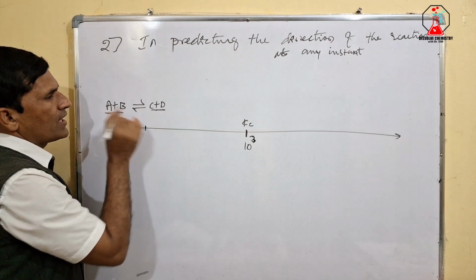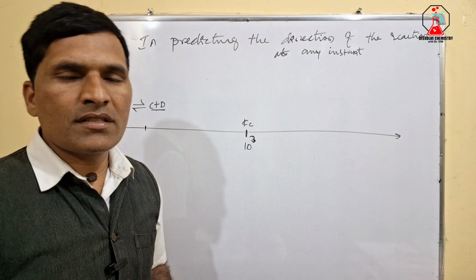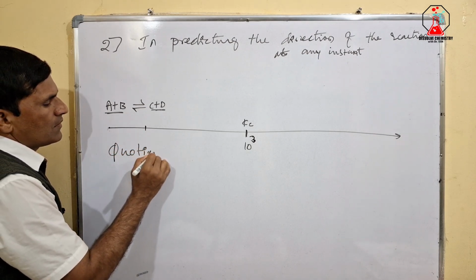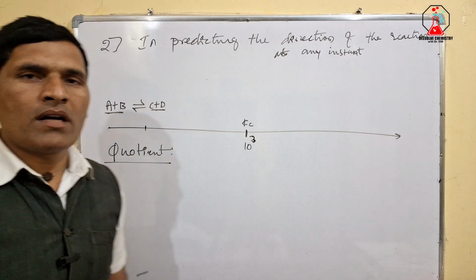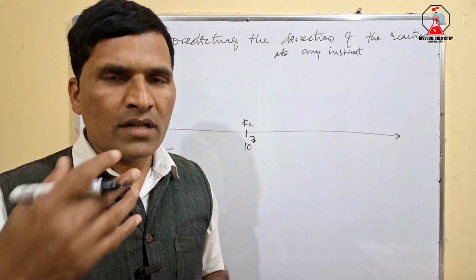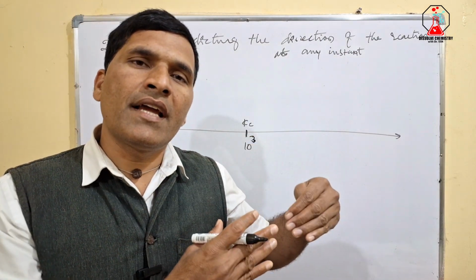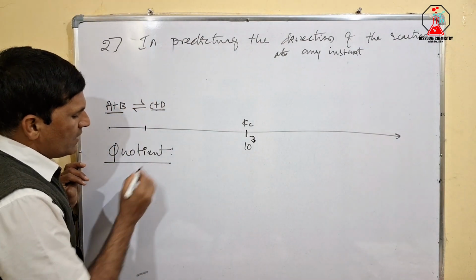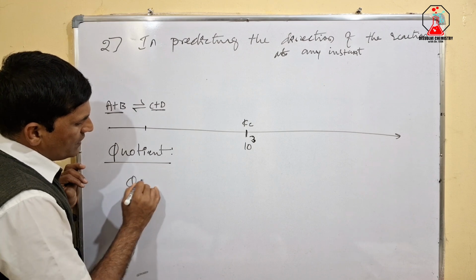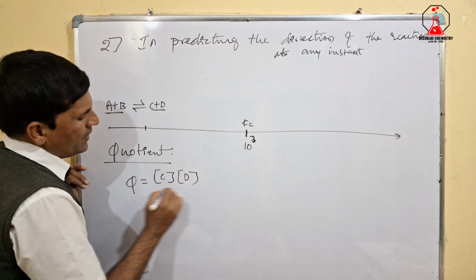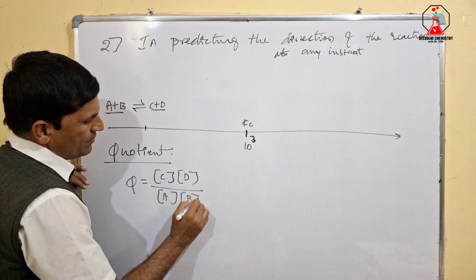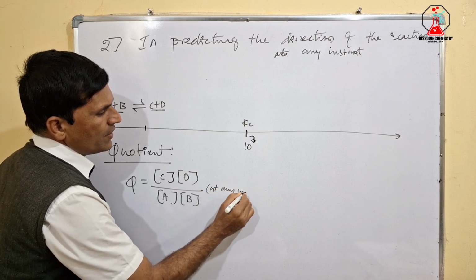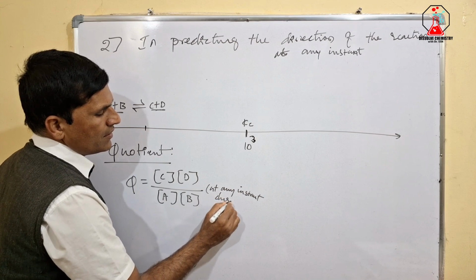At any instant, the ratio of the product of molar concentrations of the products to the product of molar concentrations of the reactants during the reaction is called the reaction quotient, and it is given by the same formula: Q is equal to C into D divided by A into B. But it is not at equilibrium, it is at any instant during the reaction.